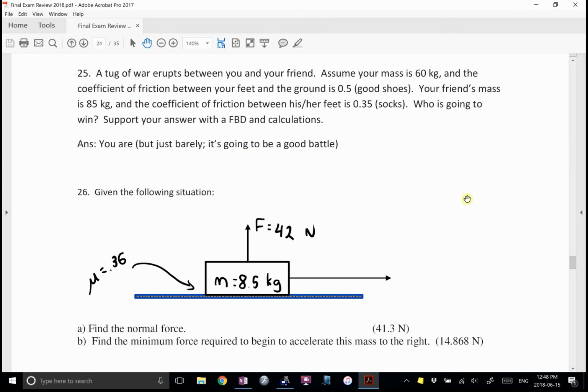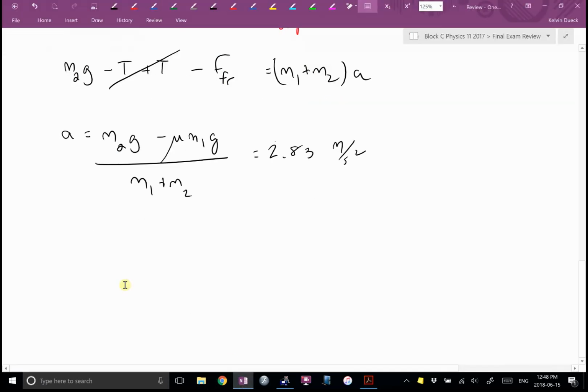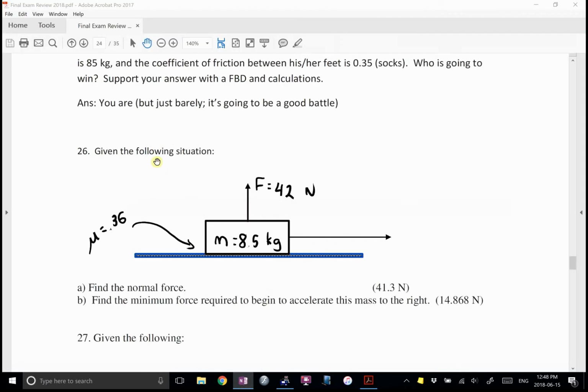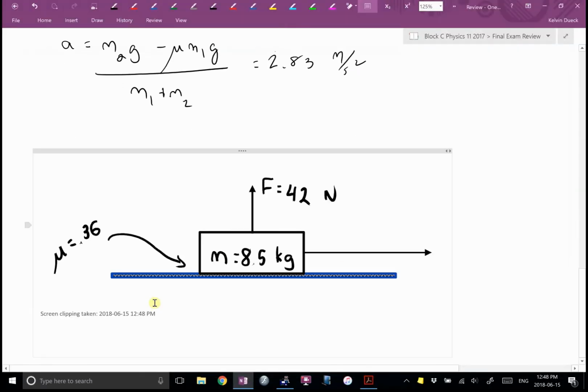Sure, that'll work. I will give you a question where the normal force is not equal to mg, where there's an additional force, a partial vertical or partial horizontal. So this might be an example. I'm just going to change the numbers a little bit.